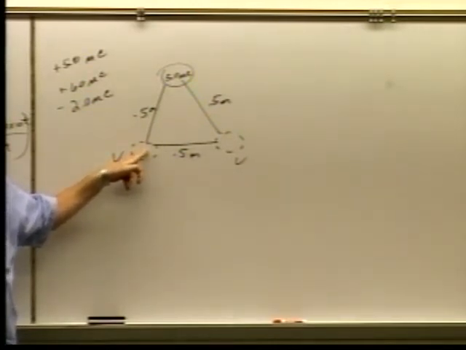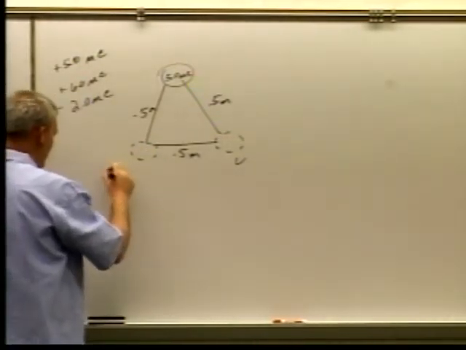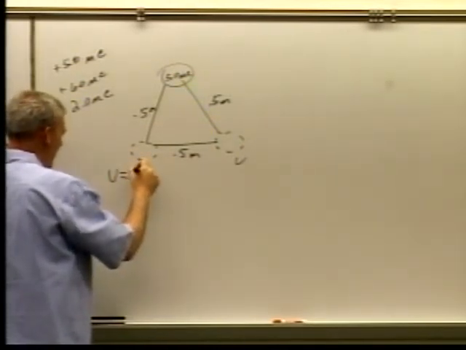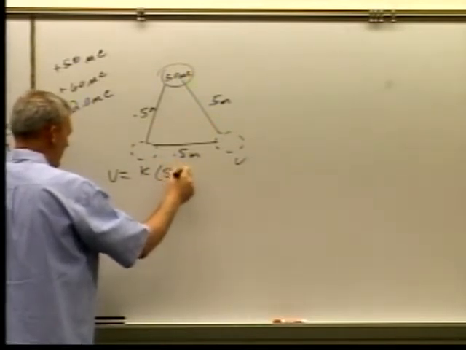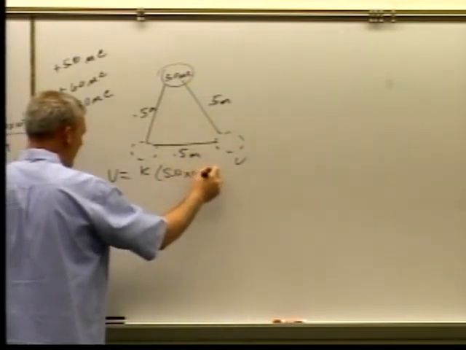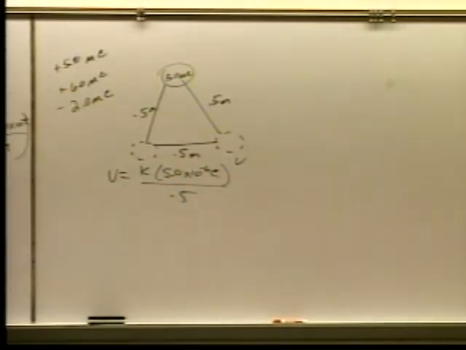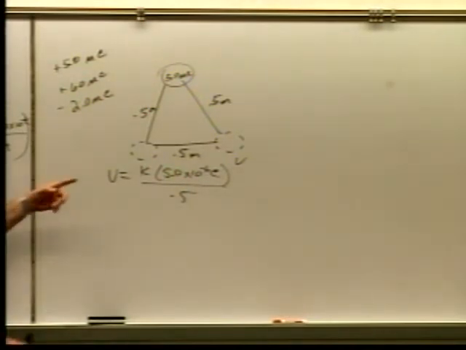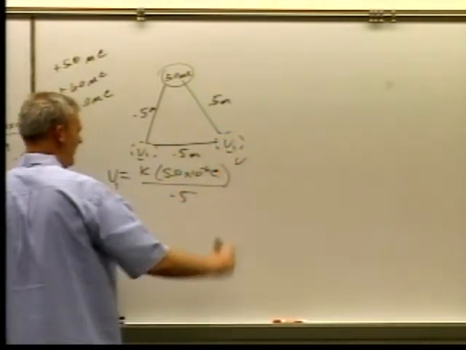The potential would be positive. And so the V right here is equal to K times 5.0 times 10 to the negative 6 coulombs divided by 0.5. That's the voltage right there, and it's the same at both places. We'll call this V1 for right now.